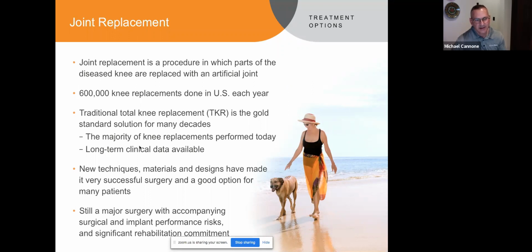There's not any long-term clinical data for the robotics or the other types of procedures, but there is long-term data available for traditional knee replacements. When I started practice over 20 years ago, we were telling patients that we would hope to get maybe 8 to 10 years out of a joint. And here we are over 20 years down the road.